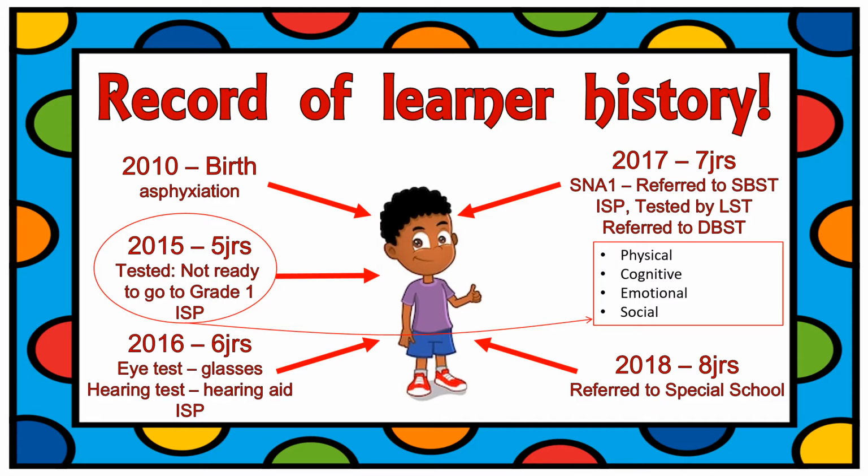Because we have all this background information, it was easy for the district-based support team to determine that there were physical as well as cognitive barriers to learning, and that this child would benefit from being referred to a special school. We therefore see why this record of learner history is so important.